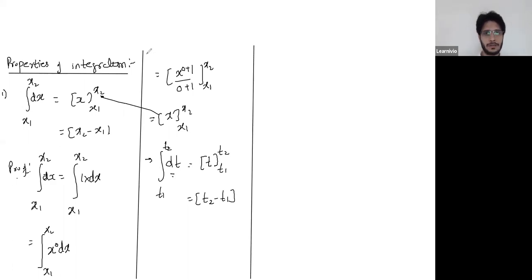After dt, the next is the second property. If you have a constant times a function, a multiple of a constant and a function, say you are integrating k x to the power n dx.